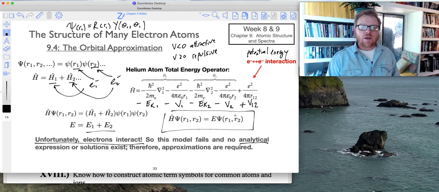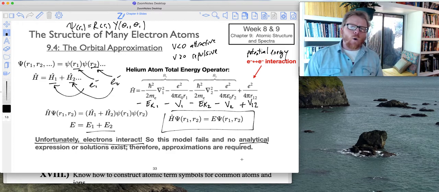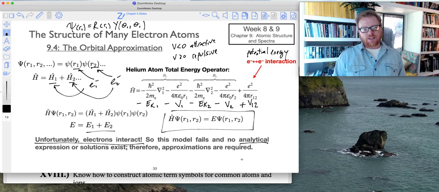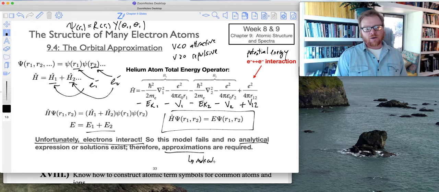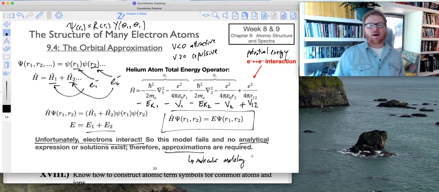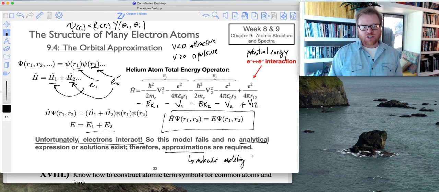So lots of approximations are required. And we're not going to spend a whole lot of time in this class going through those approximations because that's where the entire field of molecular modeling is born. When we get into chapter 10 and start talking more about molecules, I'll mention a few of these methodologies.